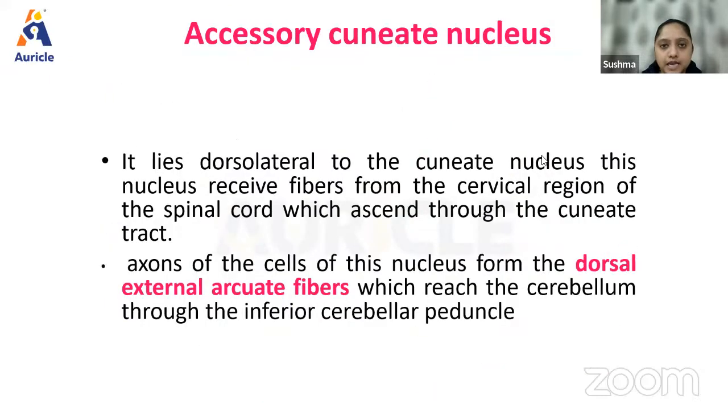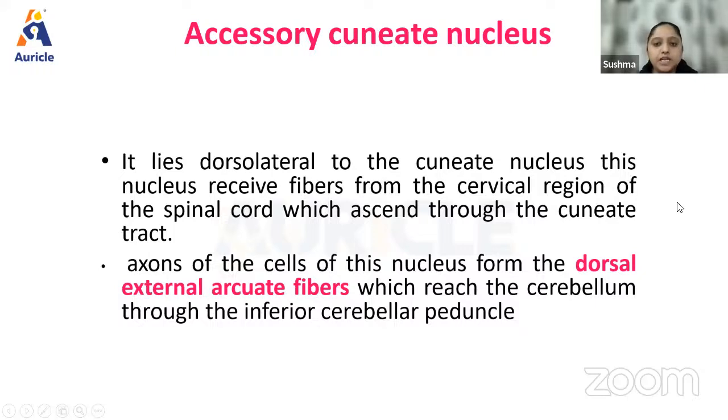That's it. Then accessory cuneate nucleus. This lies dorsolateral to the cuneate nucleus, and this nucleus receives fibers from the cervical region of the spinal cord, which ascend through the cuneate tract. Cuneate tract is one tract in which you also have some fibers reaching from the cervical region of the spinal cord.